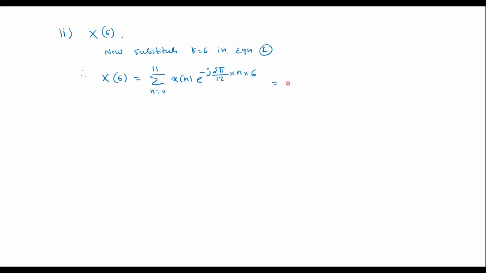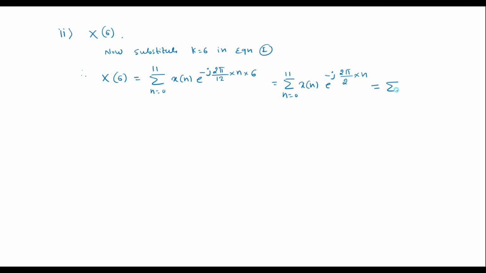I can represent the same thing as summation n equal to 0 to 11 of x of n e power minus j, where 6 divided by 12 gives 2 pi by 2 into n.